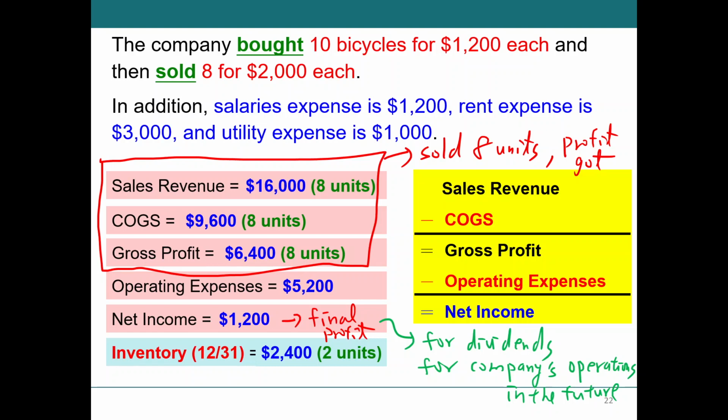Okay? The example told you, you sold A, right? You still have 2 unsold. Of course, they're still your inventory, still your assets, right? You sold 8, so the unsold is still in your company, 2, right?